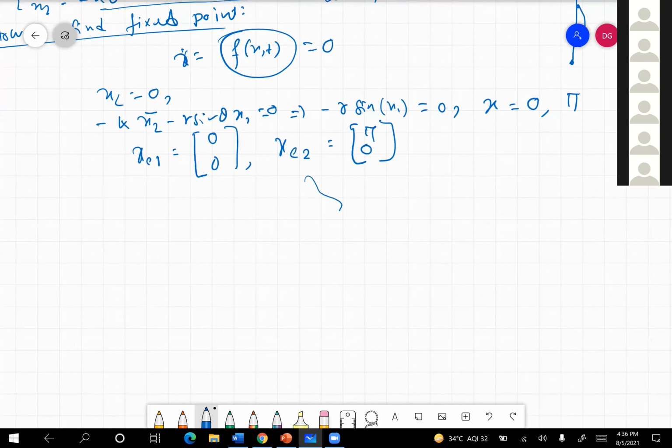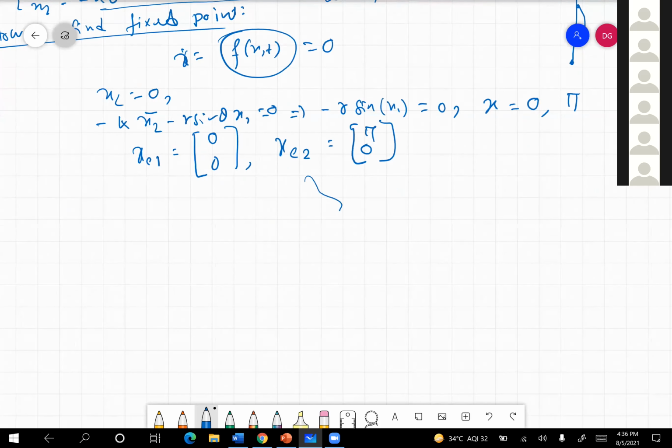Because we have two states, this A will be 2 by 2. Now this Jacobian matrix of f(x) I can write with entries df1/dx1, df1/dx2, df2/dx1, df2/dx2.